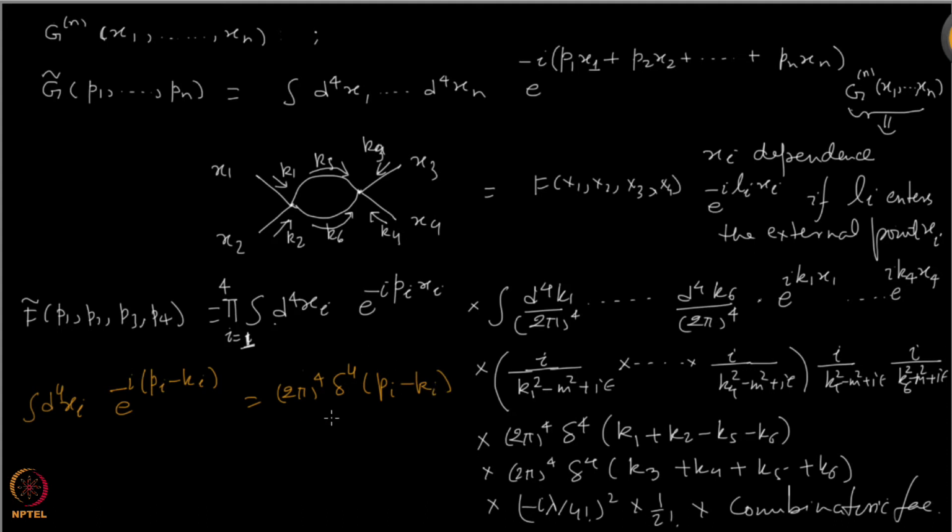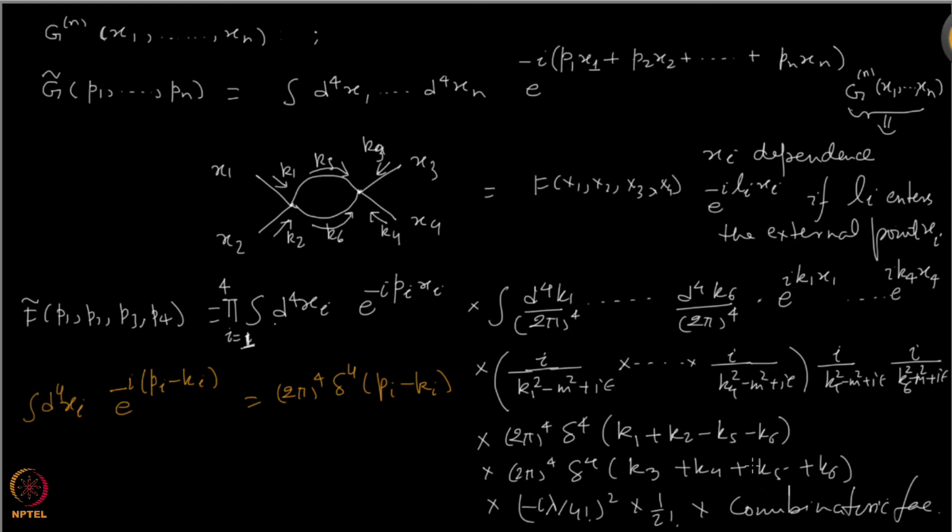Which will, when you integrate over the k_i, because you have these k integrals. In fact, I should have split this also into two factors like this, which is fine, doesn't matter. So anyway, when you do the integral over k1, k2, k3 and k4, k1 will be forced to become p1 because of this delta function everywhere in this expression. k2 will be forced to become p2 everywhere in the expression, and so forth.